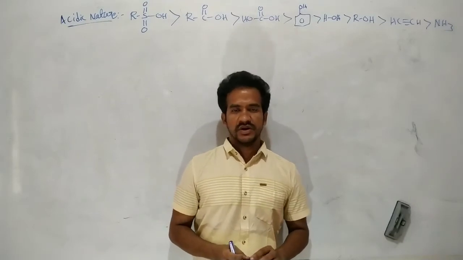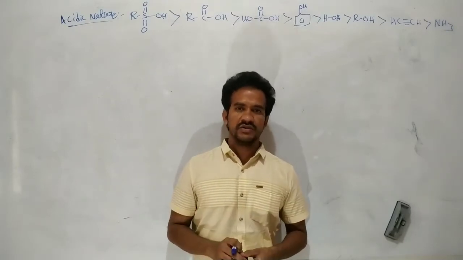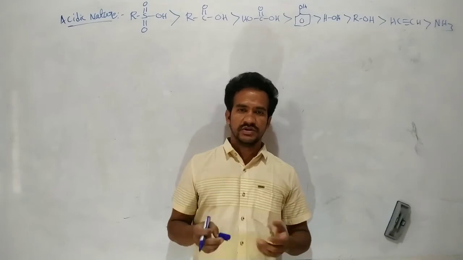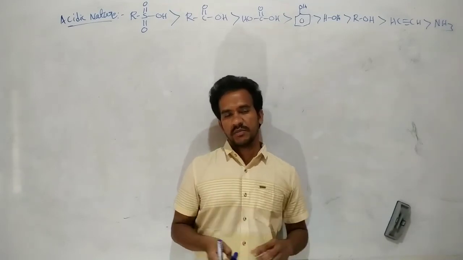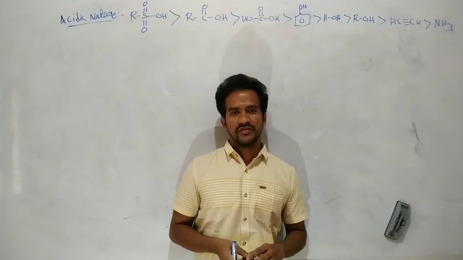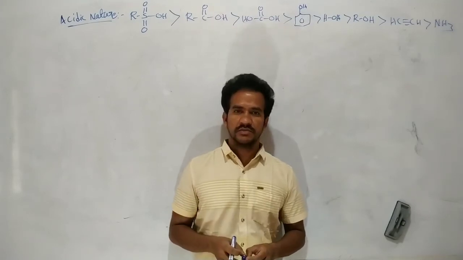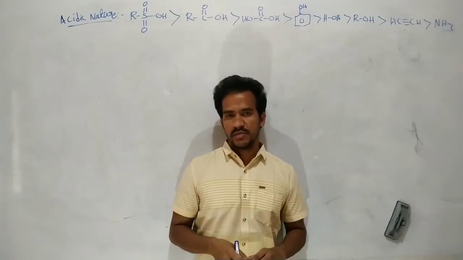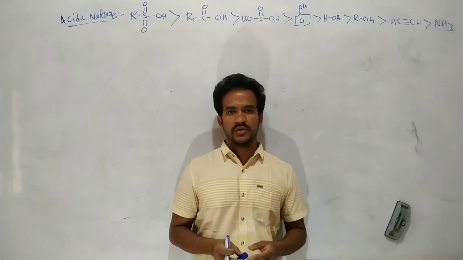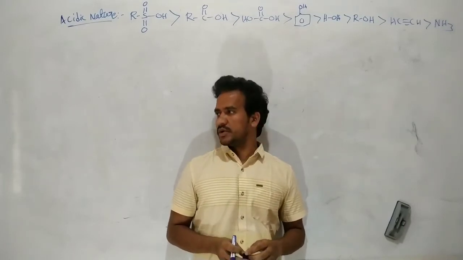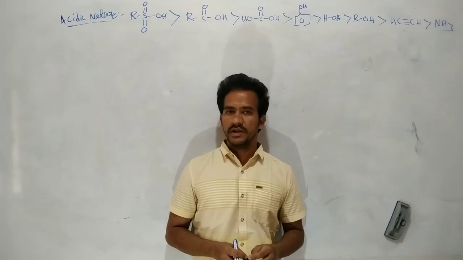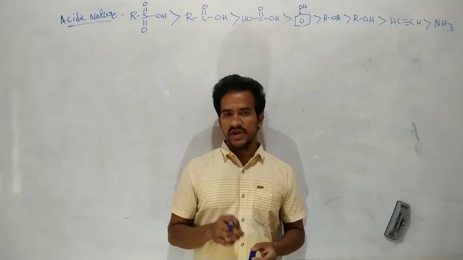In previous sessions we discussed some problems on the basicity of amines and the acidic nature of carboxylic acids, that means the ortho effect, and the acidic nature of some organic compounds without a carboxylic acid group, such as phenolic and alcoholic groups. Now finally let us discuss the acid base reactions.